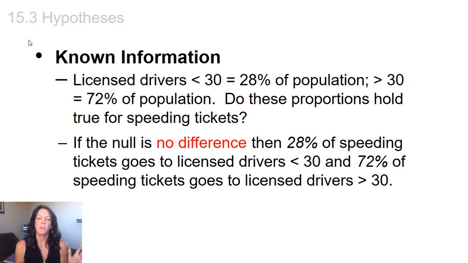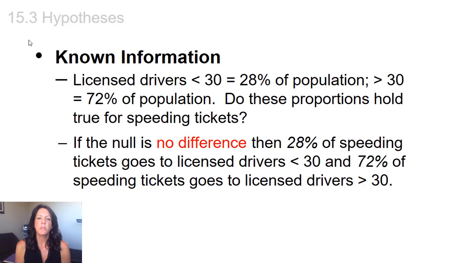So here's an example of this no difference hypothesis. Let's say that we know the breakdown of licensed drivers in the population. The ones that are under 30 are 28% of the population, and over 30 are 72% of the population. We might want to know if these proportions match those that are true for speeding tickets.